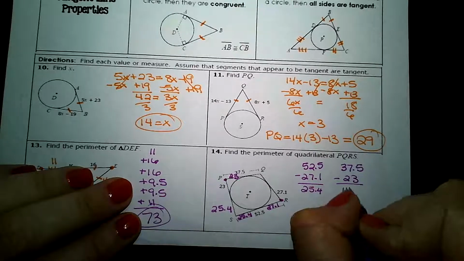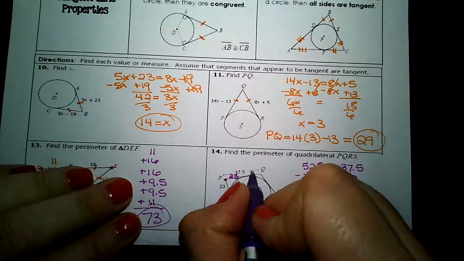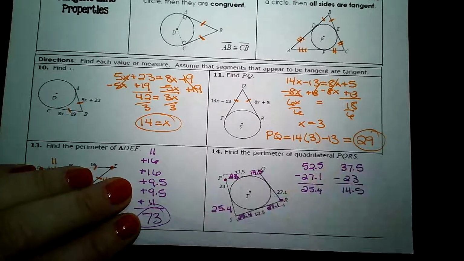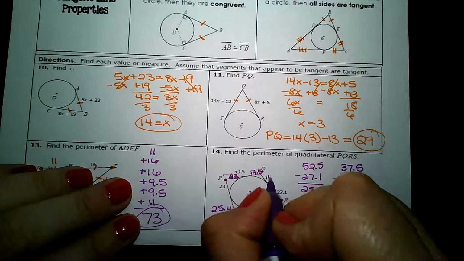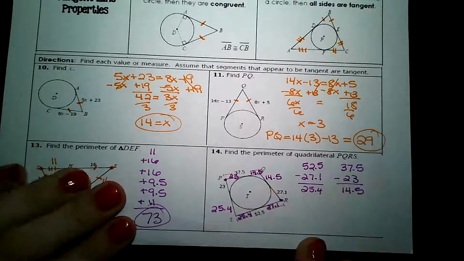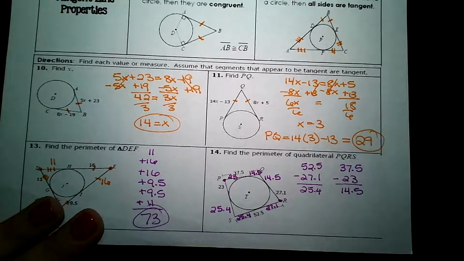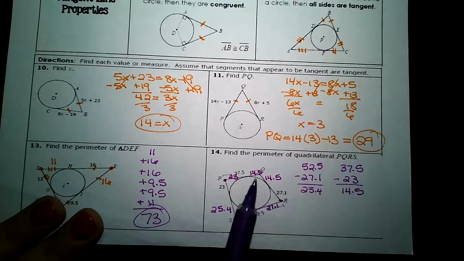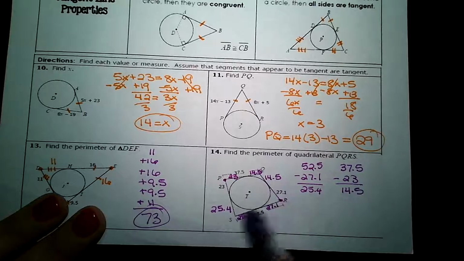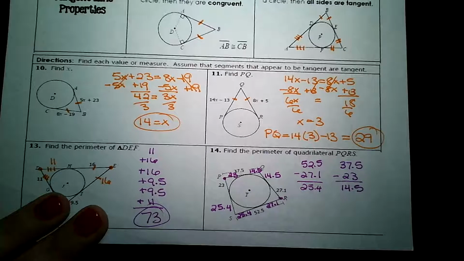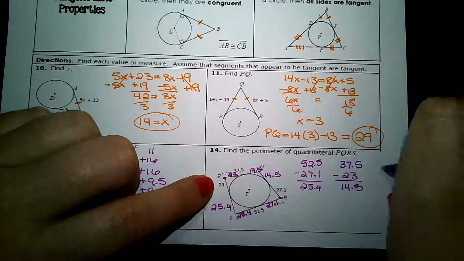The other 14.5 goes with the second tangent line, which means there are two 14.5s. So now we have every single tangent line pair all the way around the quadrilateral. When I want to find the total perimeter, I need to add up all 8 pieces. So it's going to be a really long addition.